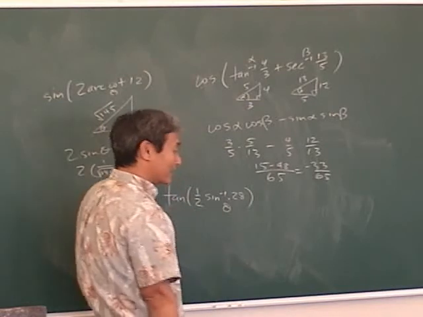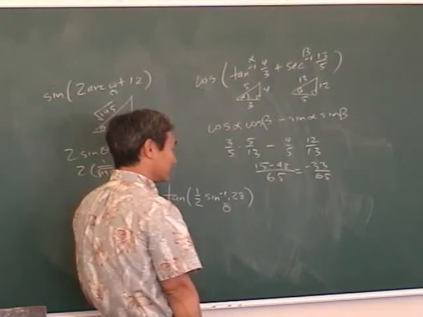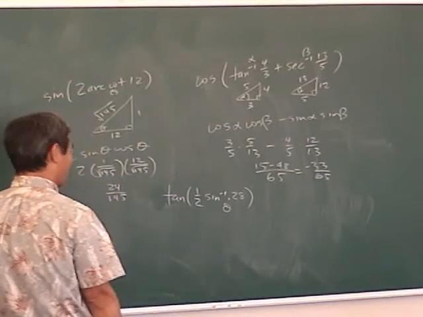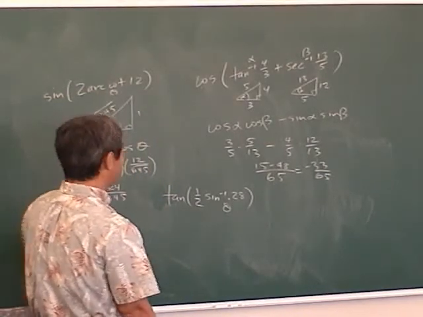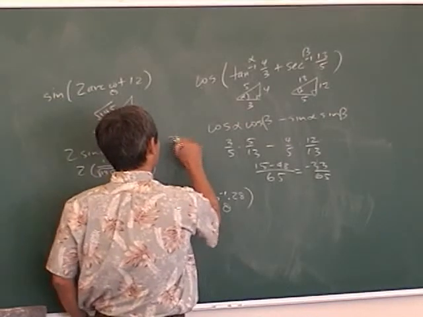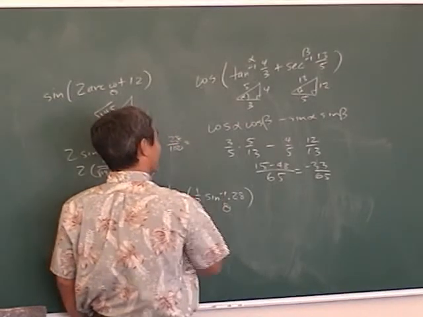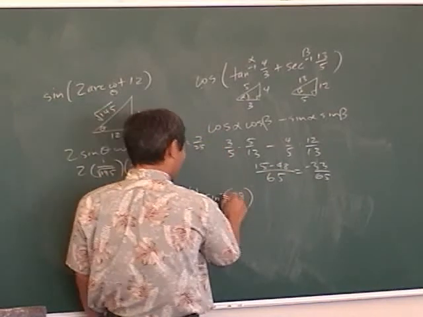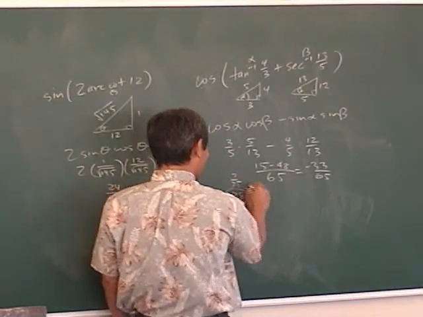Is 0.28 a number I'm supposed to know for sine? No. We only know like 1/2, root 2 over 2, and root 3 over 2, 0, and 1. That's not it. But can I draw that angle though? Yeah, 0.28 is like 28 over 100. Wait a minute, which is 7 over 25. See, if you change it to 7/25, easy.